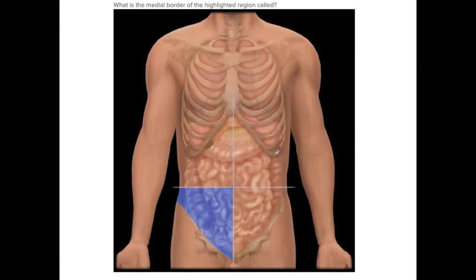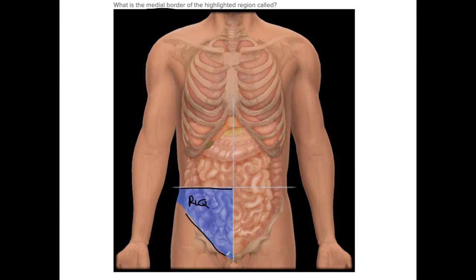All right, now, everyone here wants to jump and go, oh, we know this is the right lower quadrant, got it. But look at the question. What is the medial border of the highlighted region called? Okay, so here is the superior border.